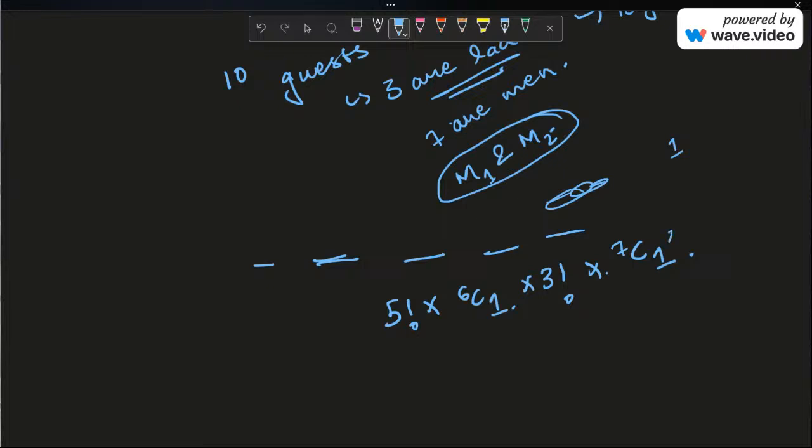Out of seven gaps, I have to select two since they won't sit together, and then arrange them.